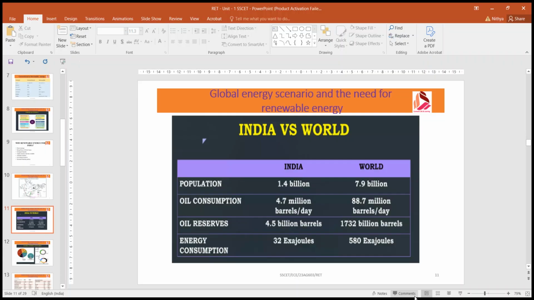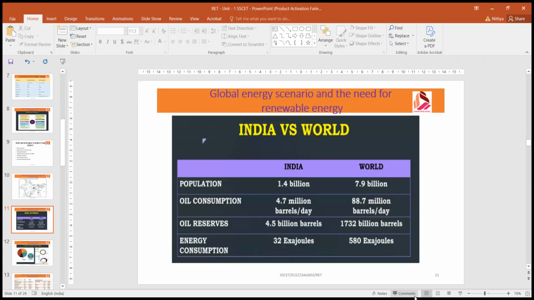This is a general global scenario of India versus the other world. Population is 1.4 billion in India and 7.9 billion in the rest of the world. Oil reserves are 4.5 billion barrels, and the rest of the world has 2,732 billion barrels.